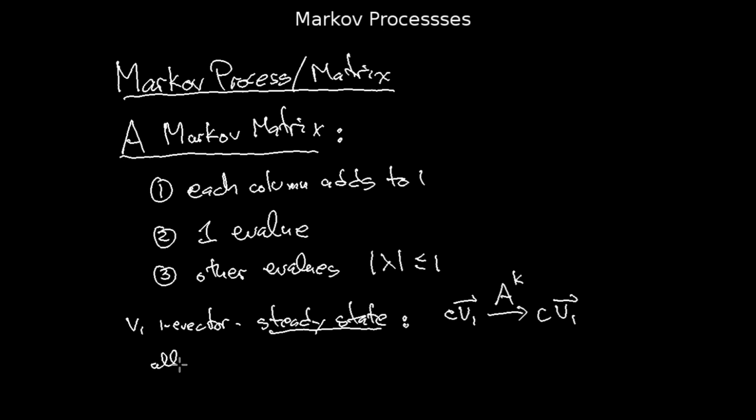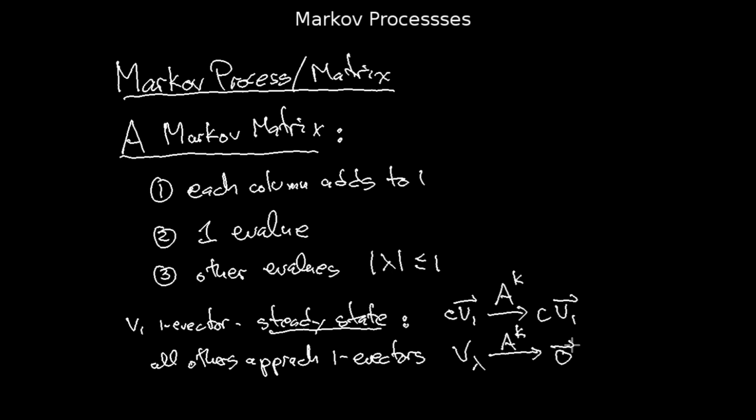And for all of the other eigenvectors, if you have some other v lambda, when you apply lots of powers to k to it, it's approaching 0 because the absolute value of lambda is less than 1. So that's the typical classical behavior of a Markov process as realized by a Markov matrix.